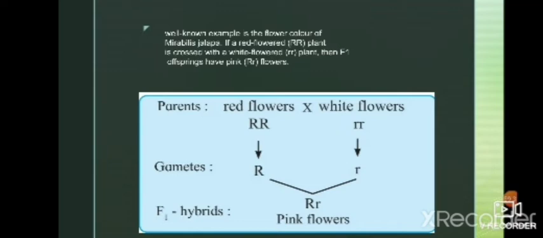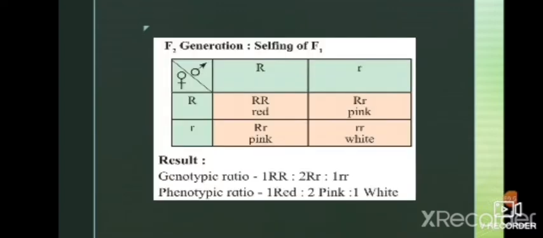Parents: red flowers crossed with white flowers. Their genotype is capital R for red and small r for white. Gametes are capital R and small r. Then the F1 hybrids are capital R small r, that is pink flowers.